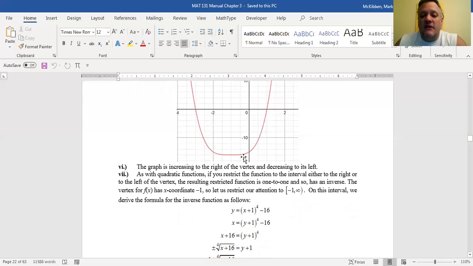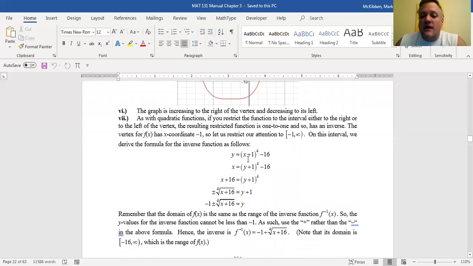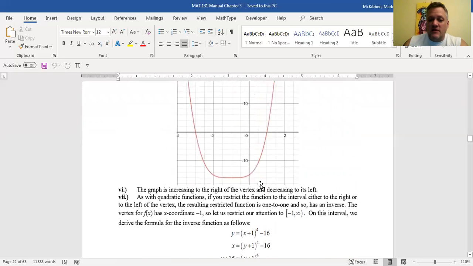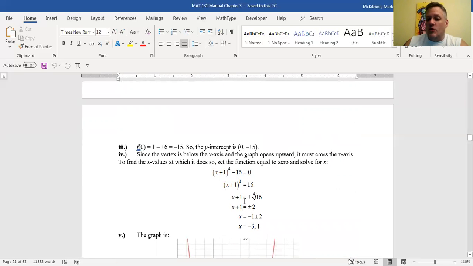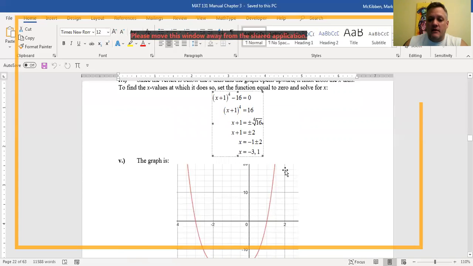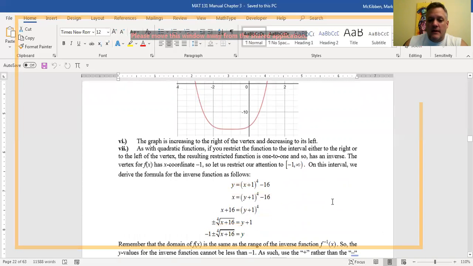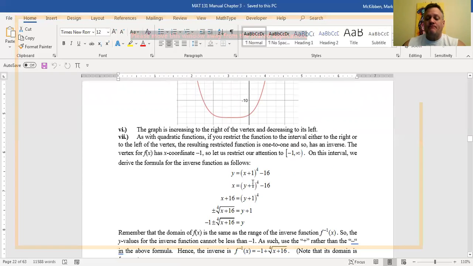And so here, if I make that restriction, I'm going to go through and solve this equation for x like I normally would, right? So I'm undoing the process. So you follow basically the same thing that we did when we solved this equation when I plugged in 0 for y, right? It's no different. It's just now instead of a 0 here, I'm going to have a y. Okay, so if you compare this to this, you'll notice that.